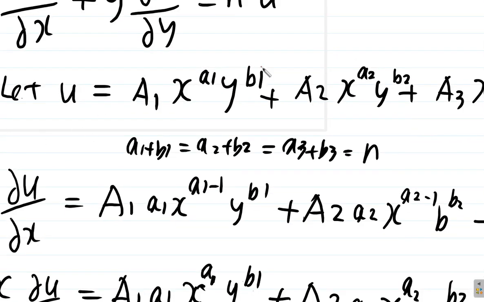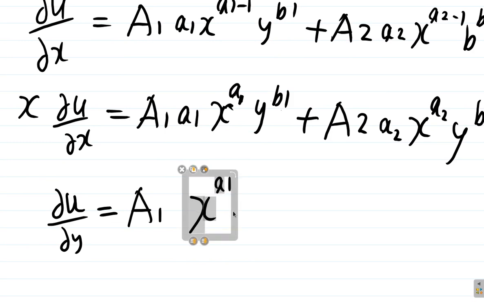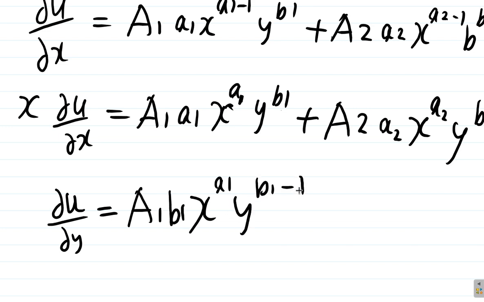We're going to have b1 coming down in front, and then reduce this power by 1, y to the b1 minus 1. Let me give it some space because I want the b1 right beside here. So it's b1 y to the b1 minus 1. You see that?